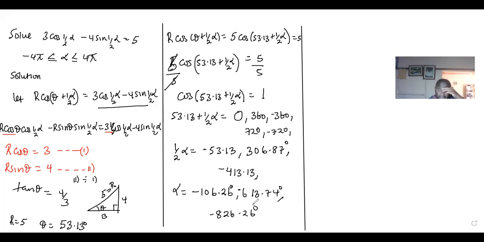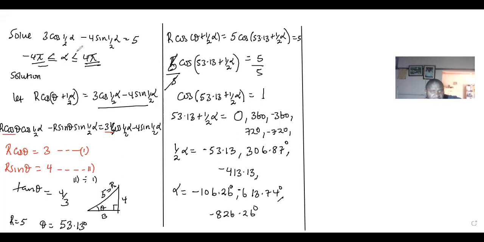Okay. Now, according to the question, 4 theta is what? There's a reason why I think they gave this number in this form. 2 pi is 360. 4 pi is 720. So it stops there.